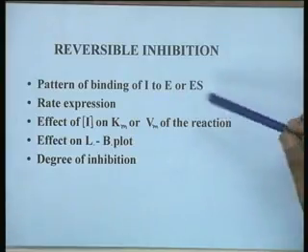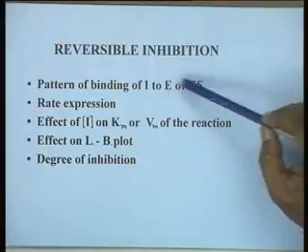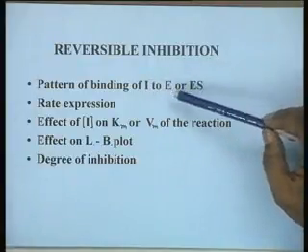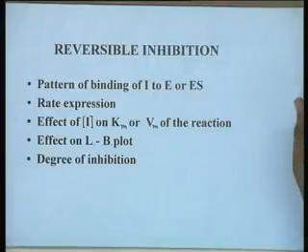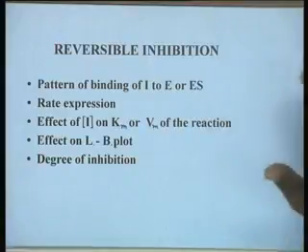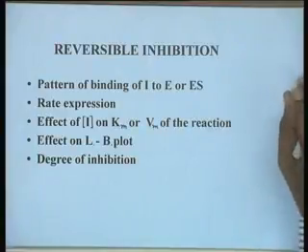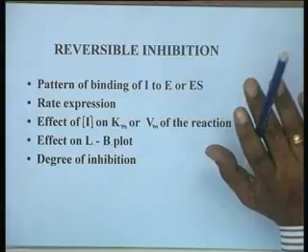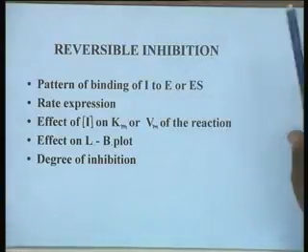Now, these reversible inhibitors are often categorized into three major classes based on certain general features. One is the pattern of binding of the inhibitor to either the enzyme molecule or the enzyme substrate complex, or in other words the specific mechanistic steps which are involved in the inhibitory effect.